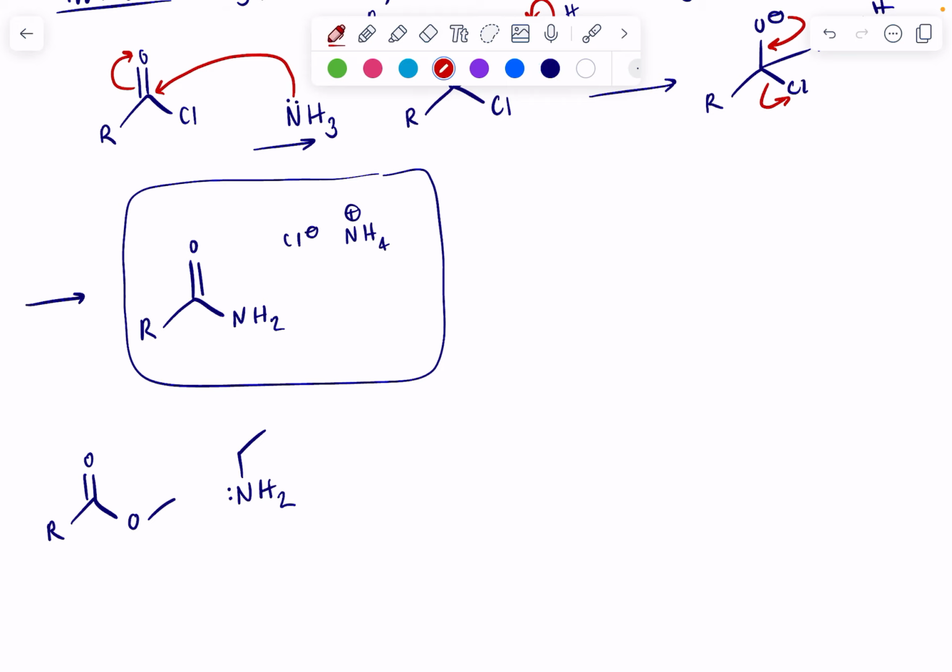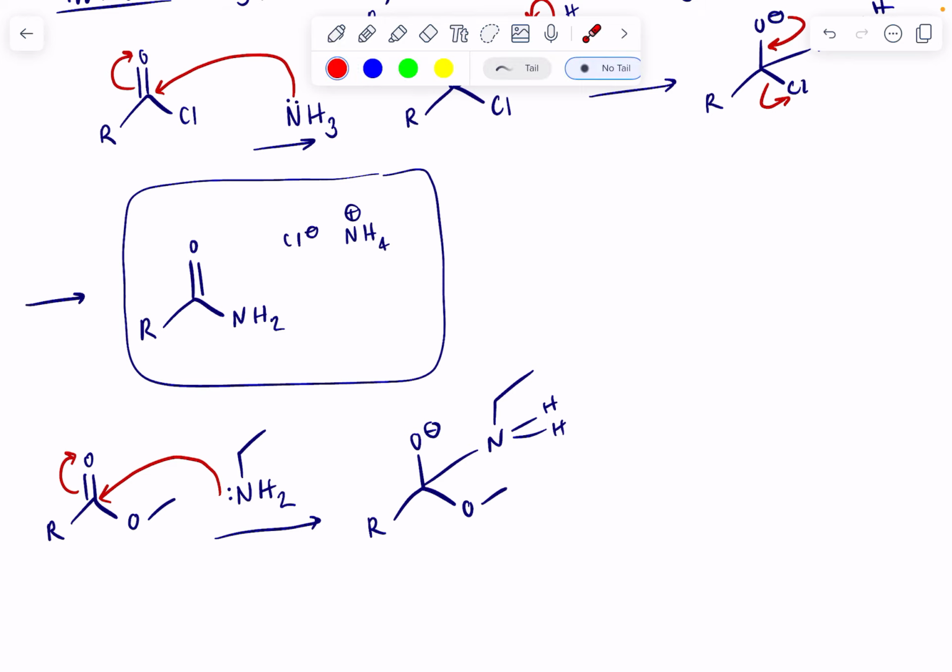It's going to do the same thing. It's going to attack here, kick off these electrons, and we'll get that same sort of structure, O minus. We still have this O, and now we have that nitrogen with a group on it and 2 H's. Again, now we've formed 4 bonds, and that's going to give this nitrogen a positive charge.